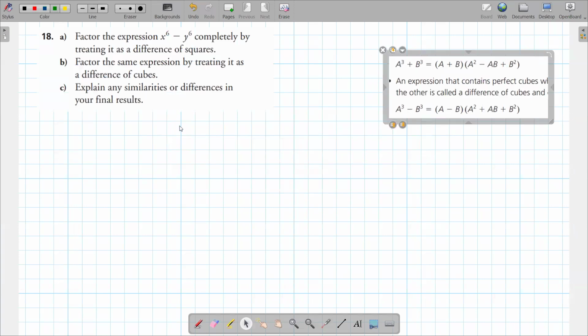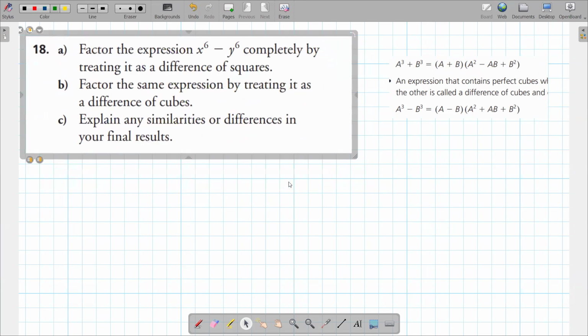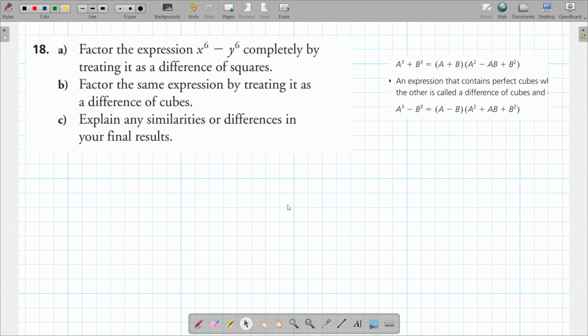All right. So here it says factor the expression. So we have a degree 6 polynomial, and we want to treat it as a difference of squares. In a difference of squares, what's the power outside the bracket? Squared.